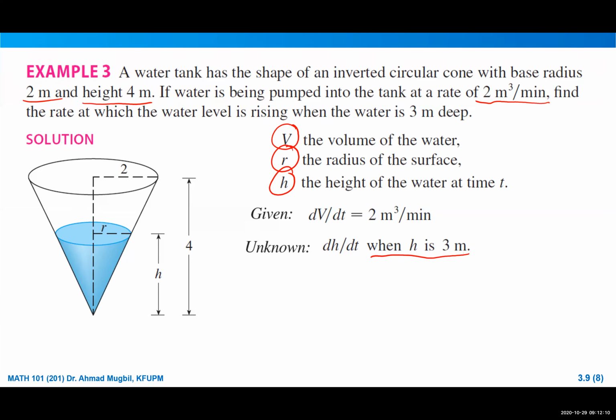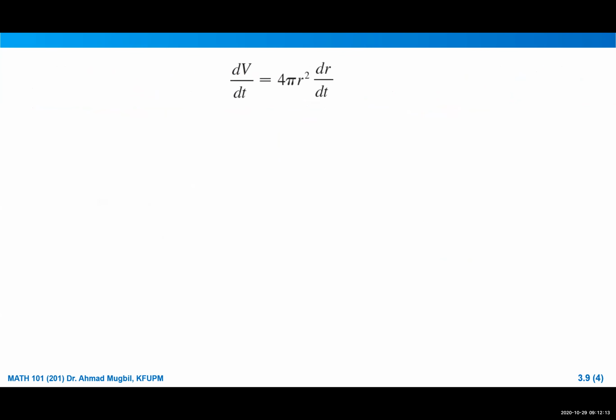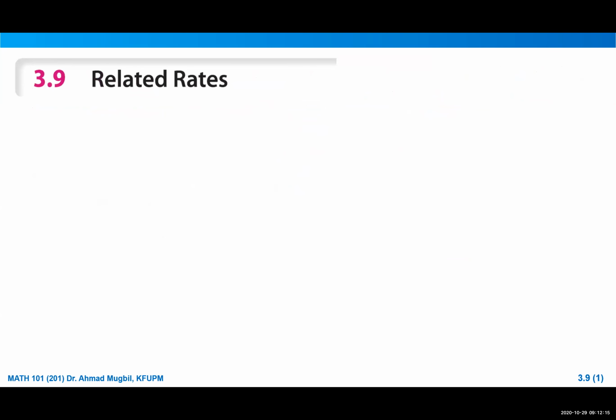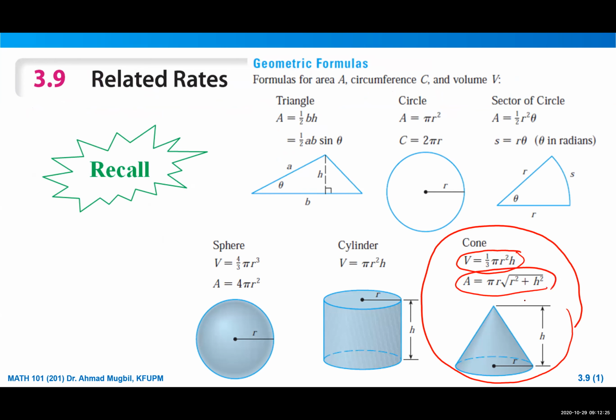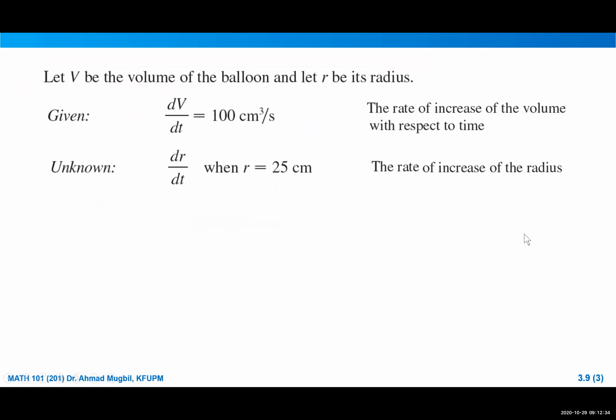Who knows what it is? If you forget it, it's okay at the beginning, but at the end you should know it. Here it is. This is the cone. This is the volume of the cone, and this is the surface area of the cone. Don't forget them. So the volume of the cone is one third pi R squared H. So this is the relationship between them.